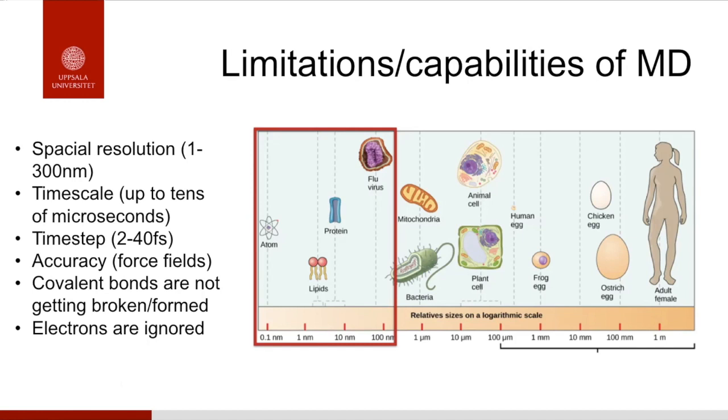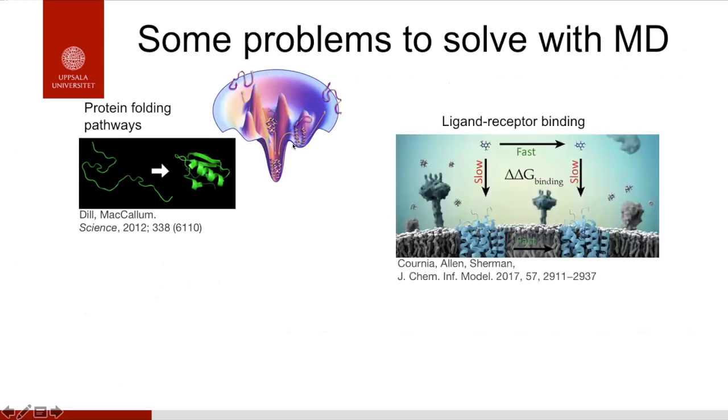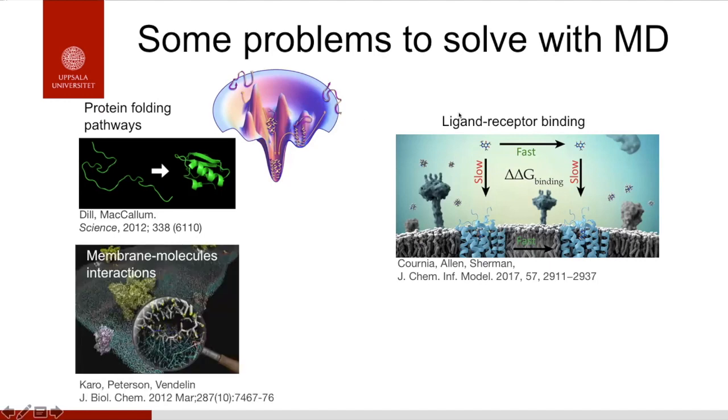Keeping that in mind, we can briefly cover a few of the applications that are very prominent at the moment. Protein folding pathways, where this funnel-like shape was discovered, and there are quite a lot of papers around that. Ligand-receptor binding, where we can find the most prominent ligands and inhibitors. And membrane-molecule interactions, either complex membranes with proteins incorporated or something simple.